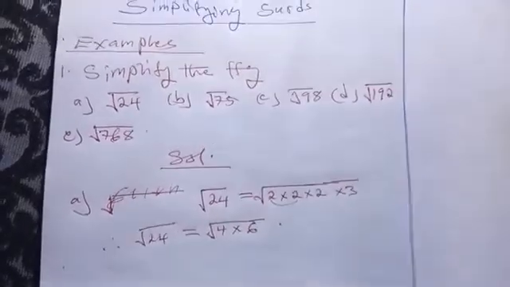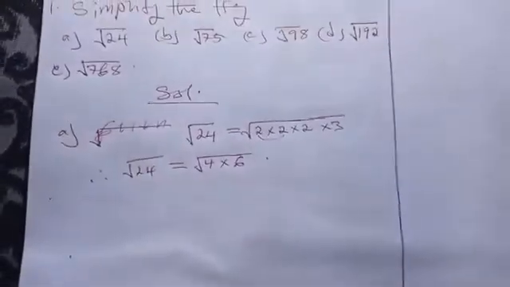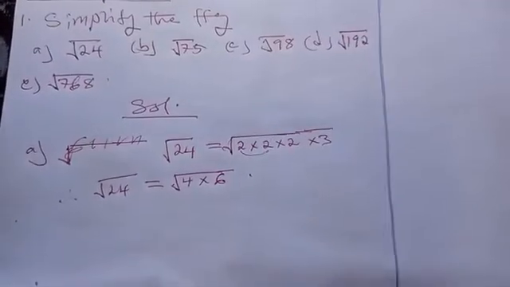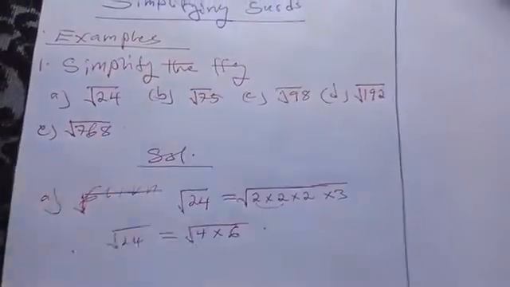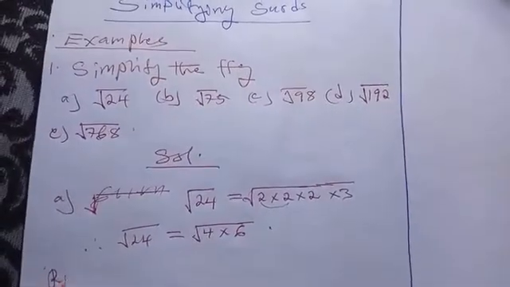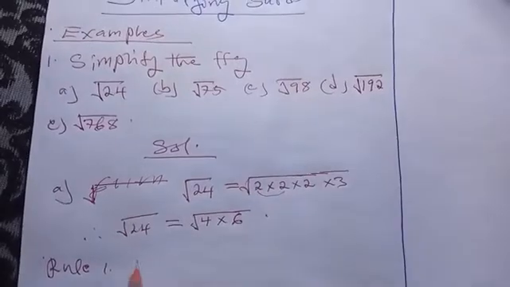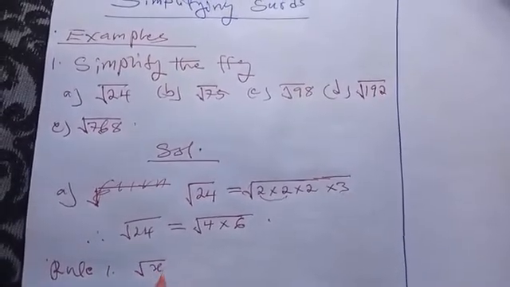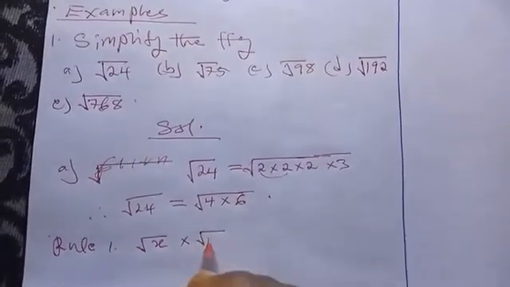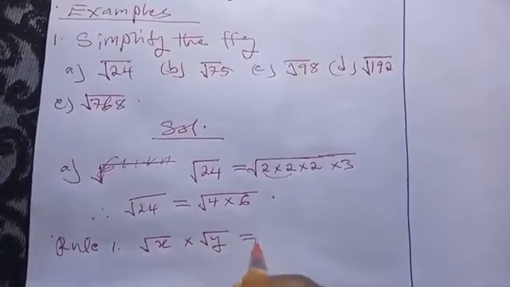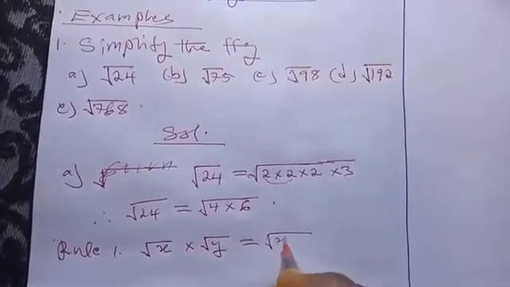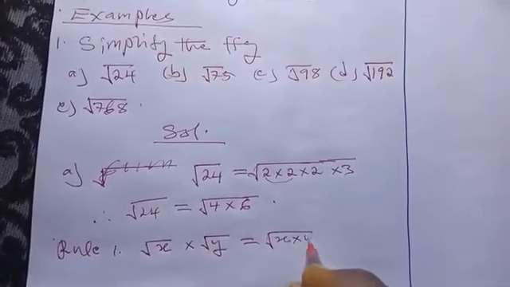Now, this takes us to one of the rules of surds. Rule 1: root x times root y is equal to root of x times y.